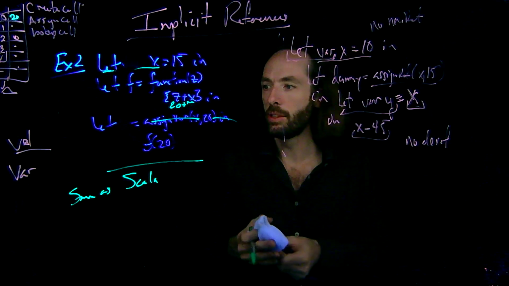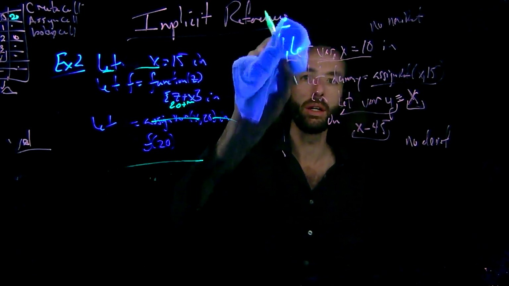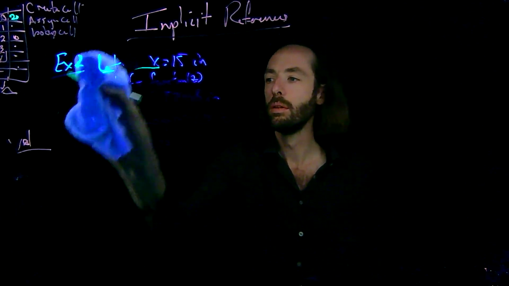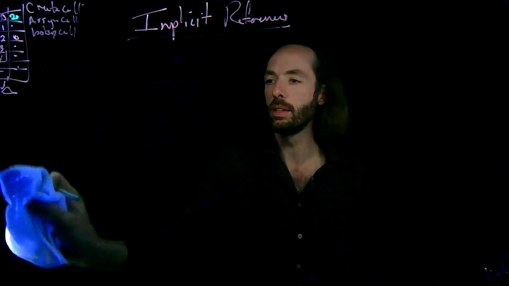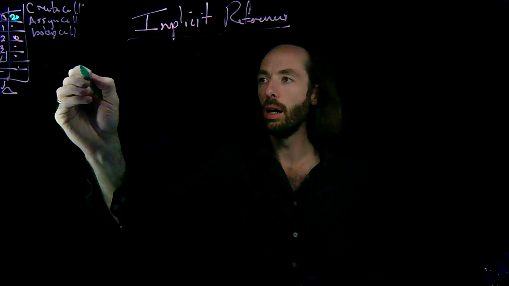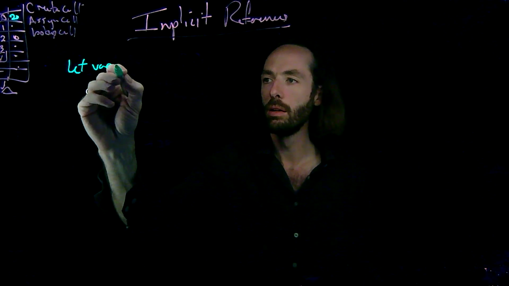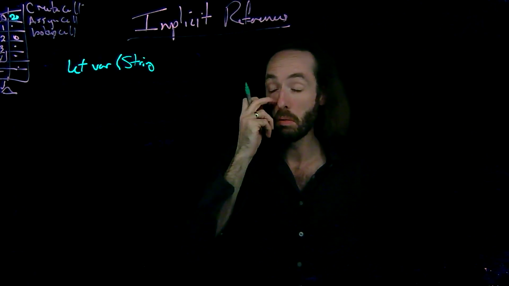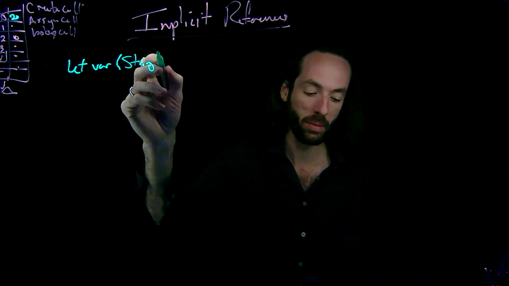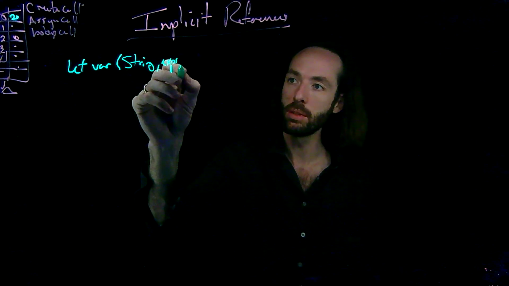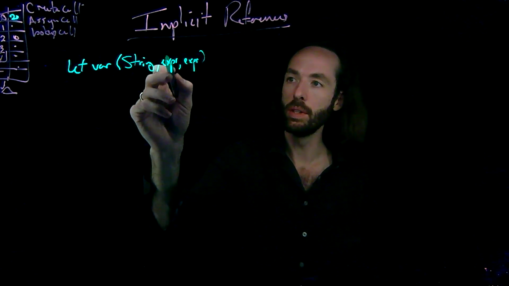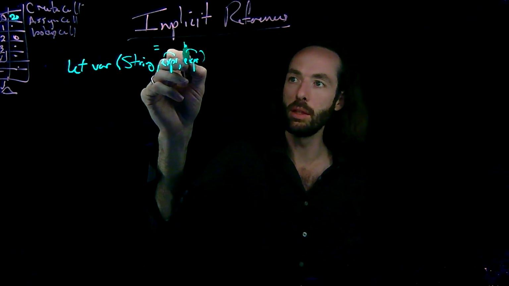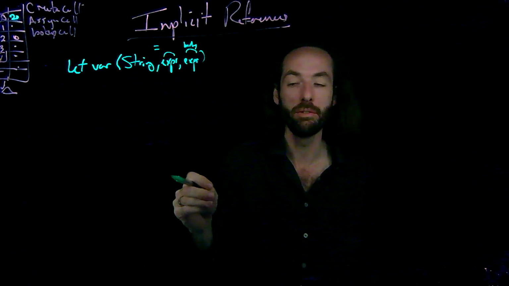So what do we need to add to our language in order to make this work? Not too much. The only two things that we really saw here were, we need a let var statement. This is going to take a string, which is going to be our variable name, and then we'll have two expressions: the right-hand side of the equal sign, and then the rest of it, the body, the bit after the in.